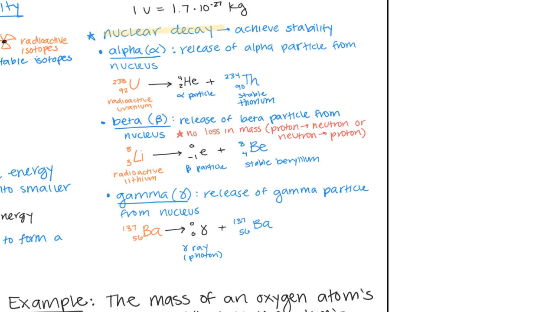So for example, we have a radioactive version of uranium. You look at where uranium is on our periodic table. It's at the very, very bottom. It is one of the largest elements.